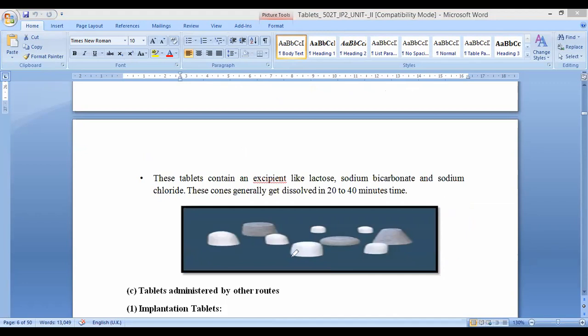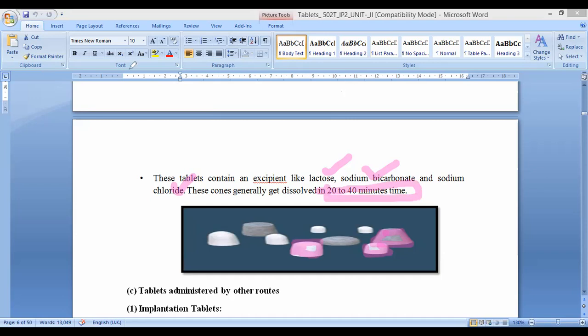You can see they are just like a cap. These are your dental cones, and they contain excipients such as lactose, sodium bicarbonate, and sodium chloride. This cone generally dissolves within a time span of 20 to 40 minutes.